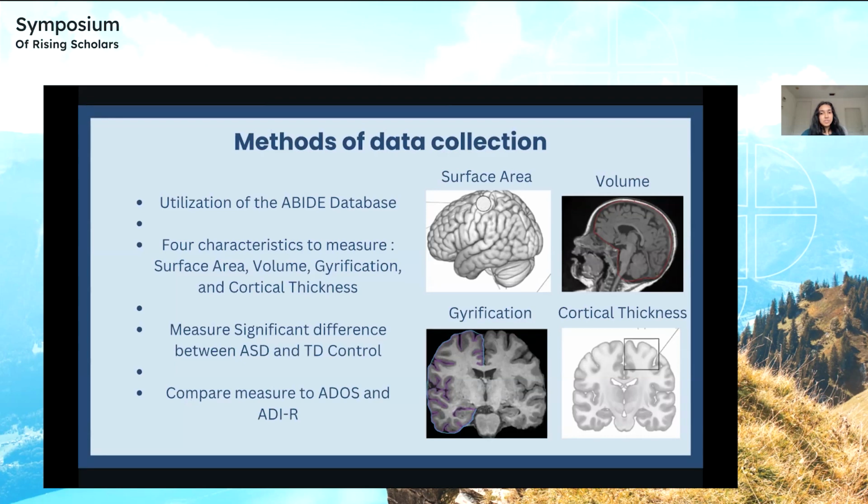We then used those significant regions to try and find a correlation in anatomy to the Autism Diagnostic Observation Schedule, or the ADOS, and the Autism Diagnostic Interview, or the ADI, which are autism spectrum disorder measuring techniques, which determine the level of development a child has reached.